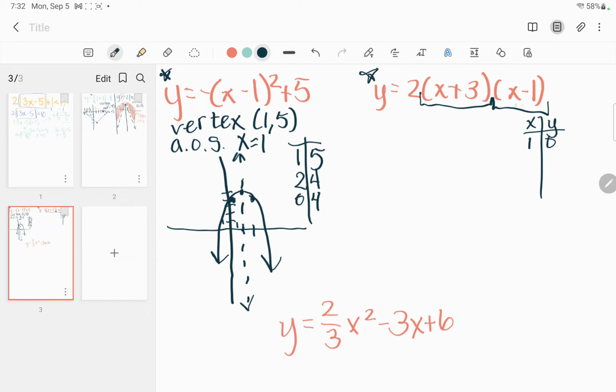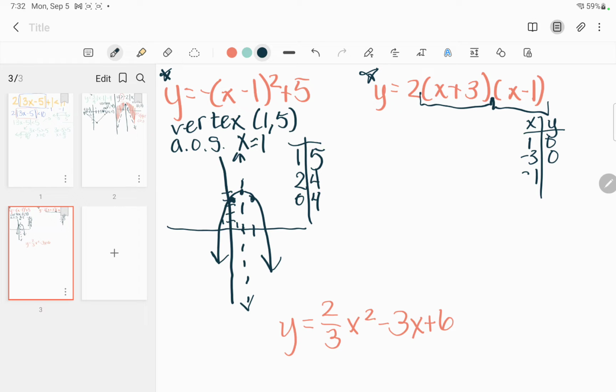So if I substitute 1 in here for x, I get 0 for y, and also negative 3, 0. So that tells me that my vertex is going to be at the point that is in the midpoint, or the arithmetic mean of 1 and negative 3. So that would be at negative 1.